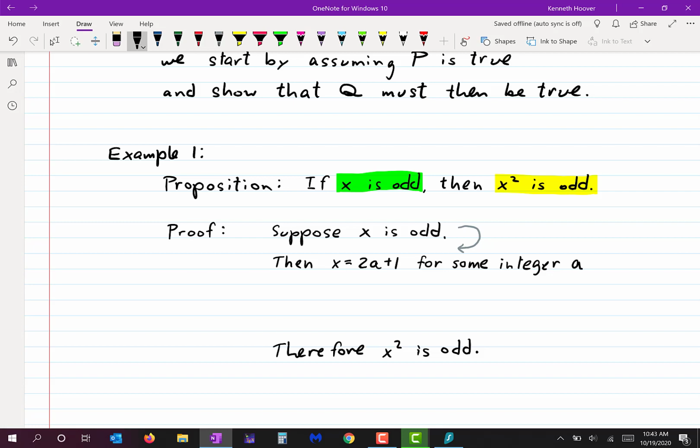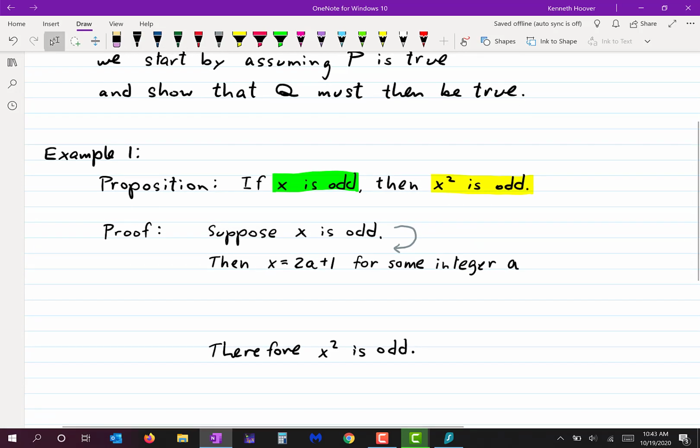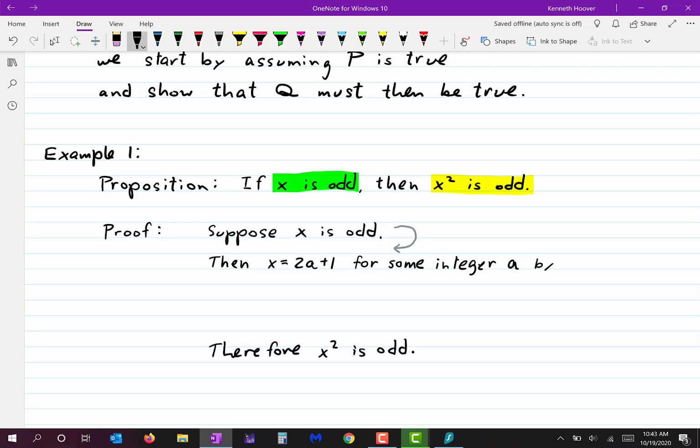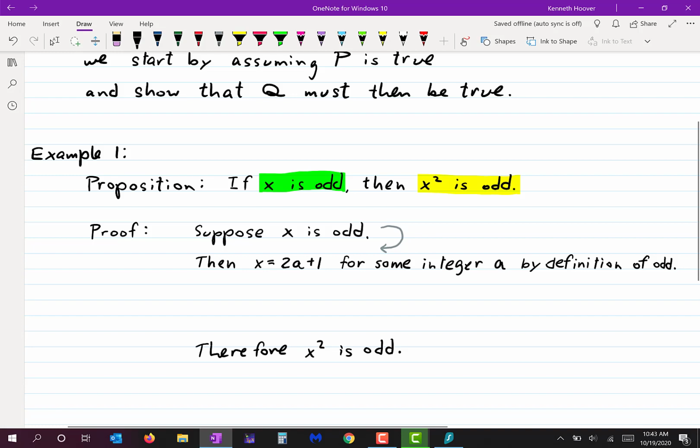Because that's what the word odd means. So I write: by definition of odd. Okay.